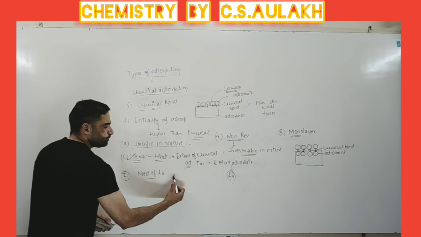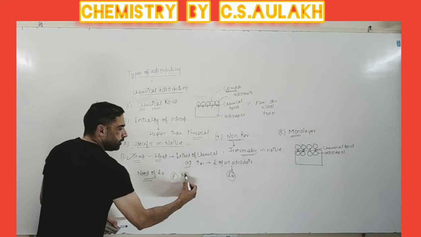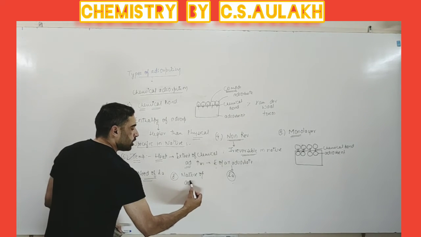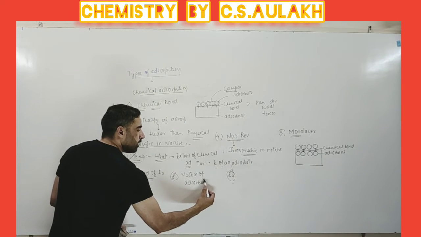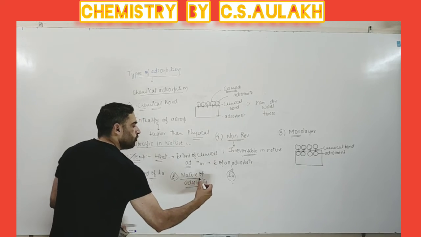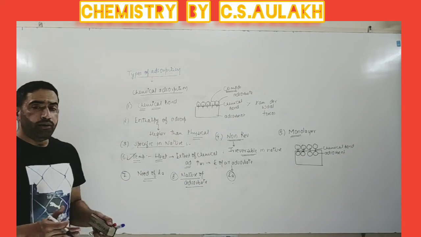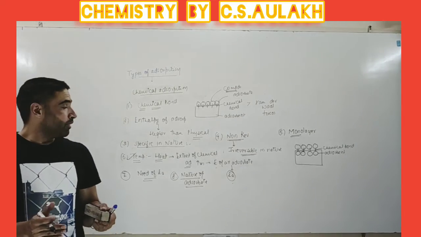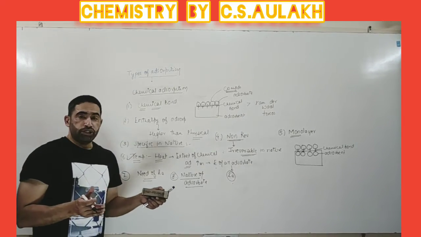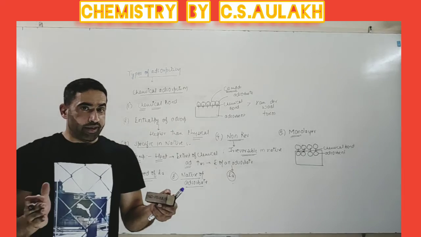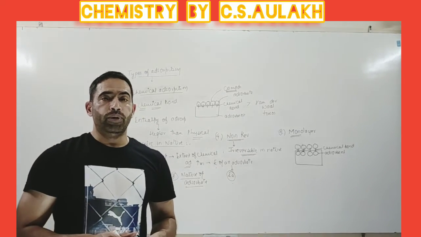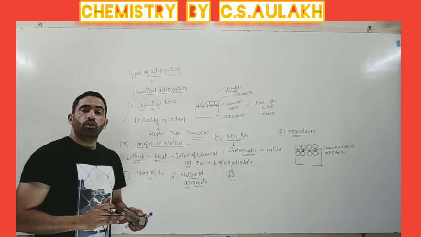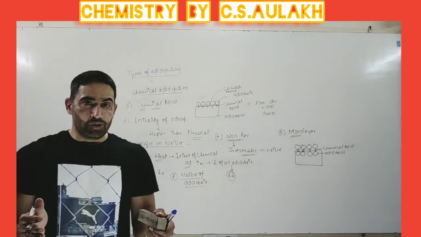Then next is the eighth point, nature of adsorbate. When an adsorbate gets adsorbed over the surface of the adsorbent, its nature changes, because due to the chemical reaction between the adsorbate and adsorbent, a new compound is formed over the surface of the adsorbent.